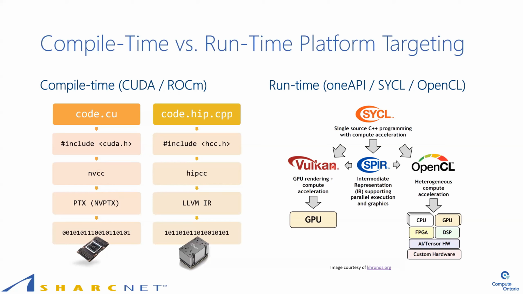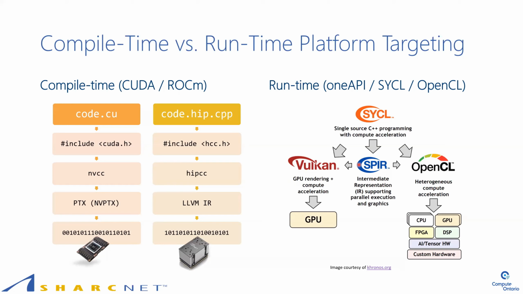For oneAPI SYCL and OpenCL programs, on the other hand, that distinction happens at runtime. So you have a SYCL source code, which is a single-source C++. It means that you don't need a separate file for the kernel, which is turned into an intermediate representation, which in this case is called SPIR or SPIR-V, the newer version that also supports Vulkan.